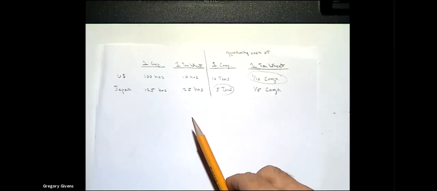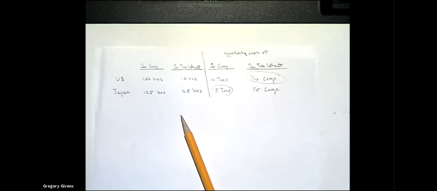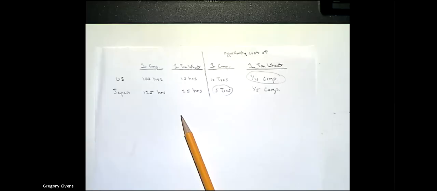So I constructed this table at the end of the class to identify which country had the lowest opportunity cost for the production of the two goods, because this is how we identify which trading partner has the comparative advantage, right? And I think this is where we left off last time.